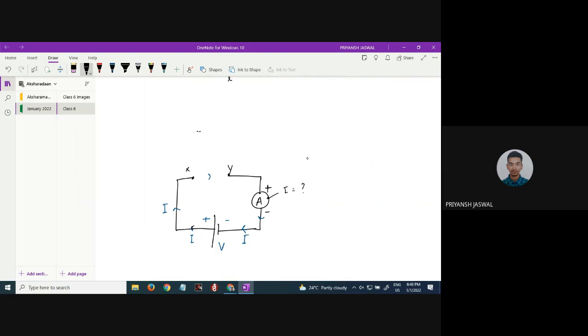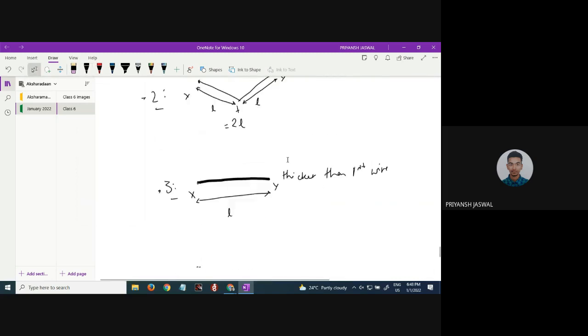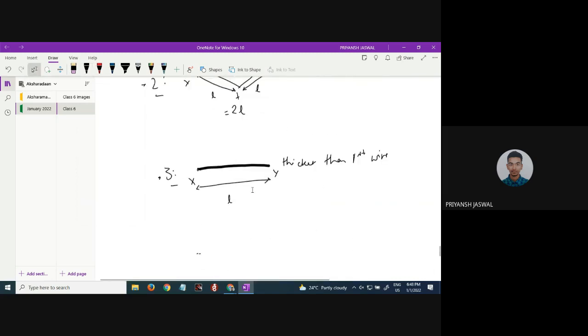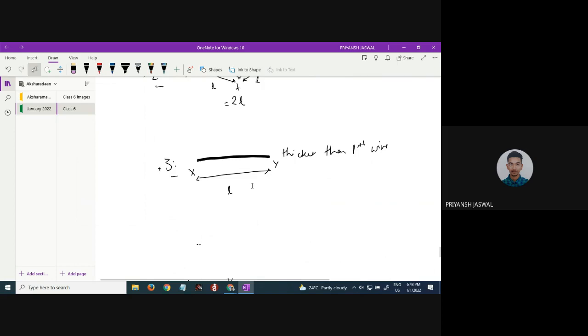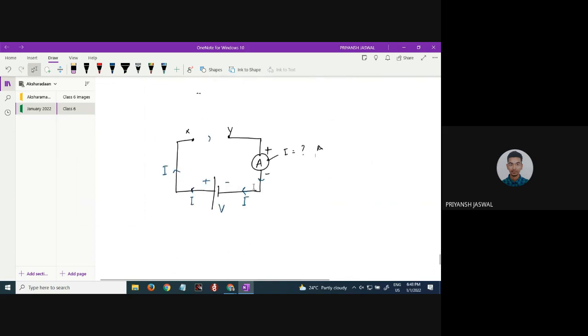How many amperes is that current? So for these three different wires, we will see how this ammeter reads out the current for the same potential difference applied or the same voltage source.